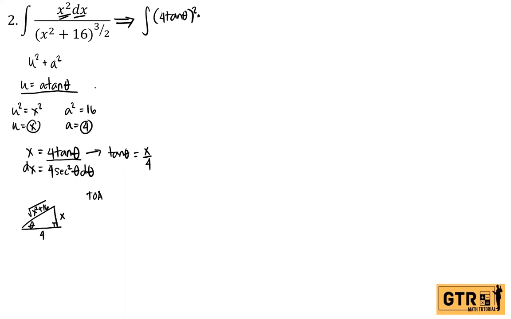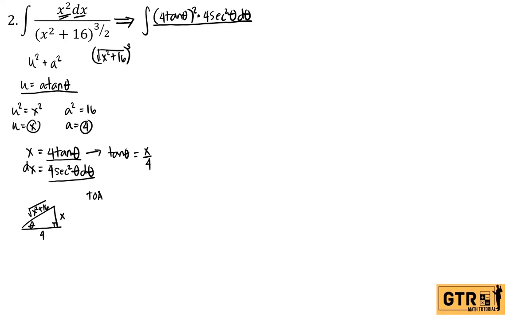The value of dx is 4 secant squared theta d theta. So we have 4 secant squared theta d theta all over (x squared plus 16) raised to 3 over 2, or that is the same as the square root of x squared plus 16, cubed. So that's the same.